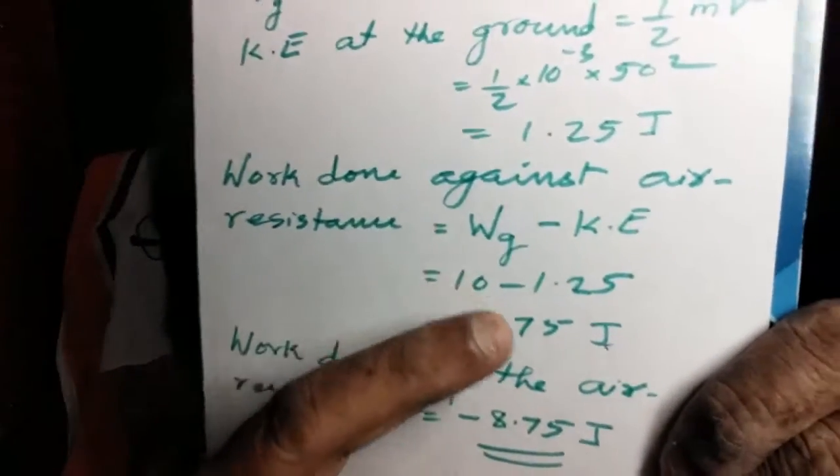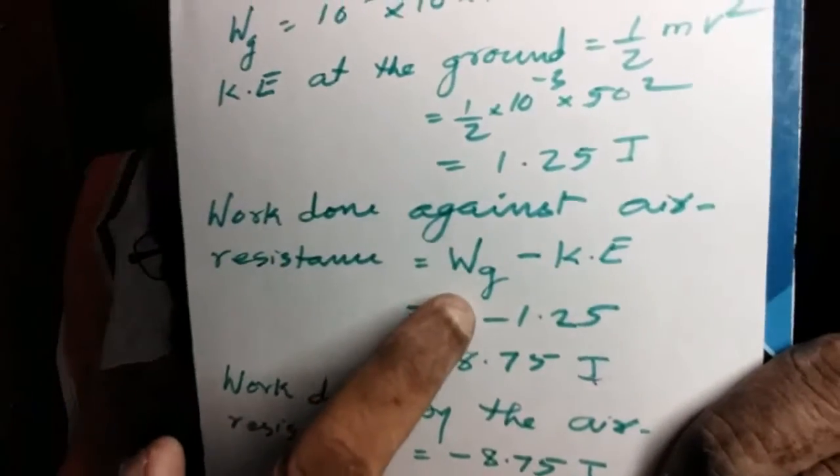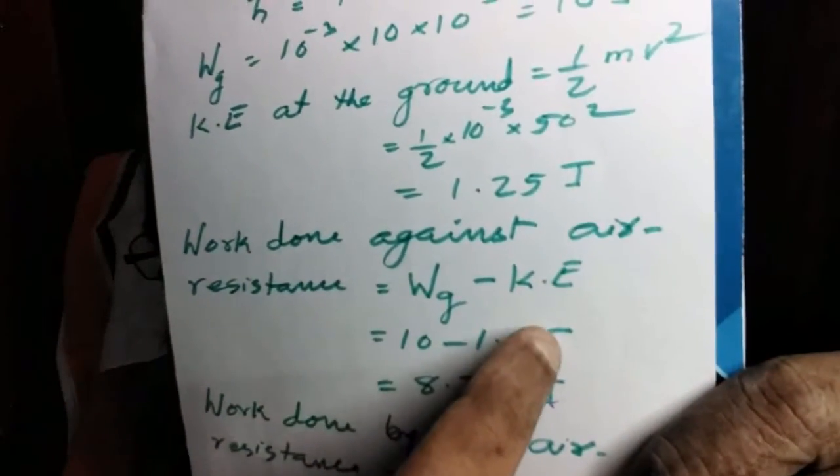That is lost during overcoming the air resistance. So work done against the resistance of air must be 10 minus 1.25. This was the initial potential energy and this is the final kinetic energy.